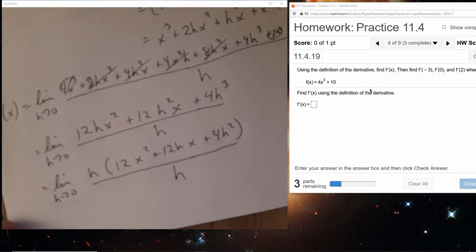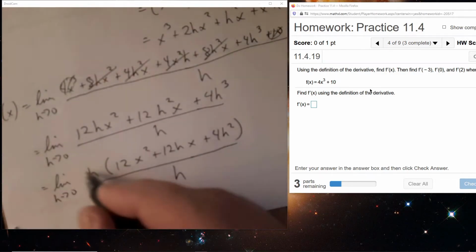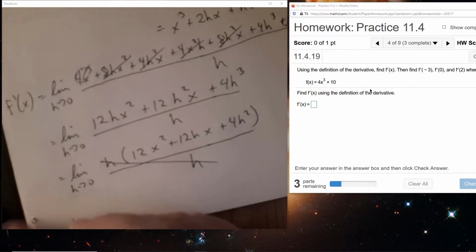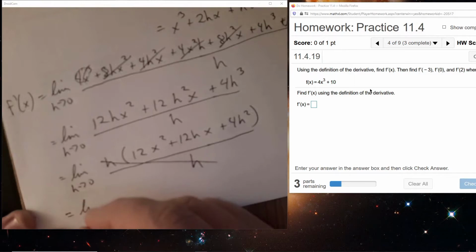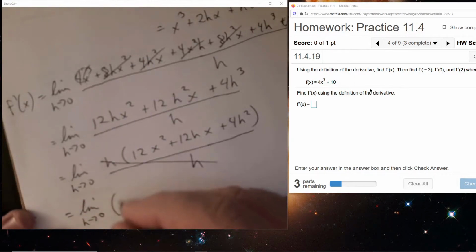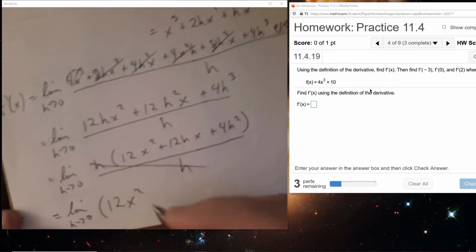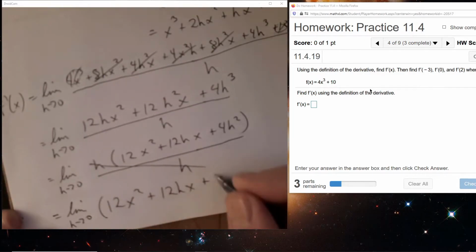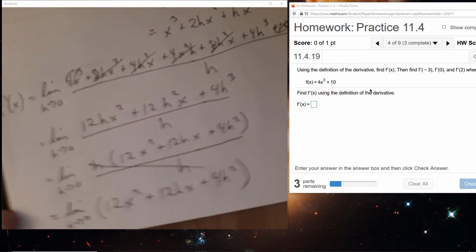And now that h in the denominator will divide out. And so the limit we're going to take then, after all is said and done with all the simplifying here, is 12x squared plus 12hx plus 4h squared.